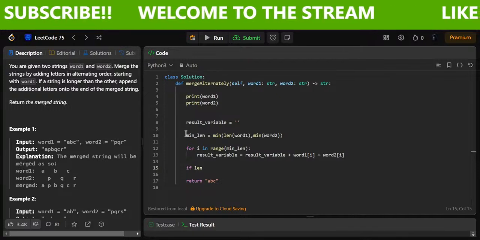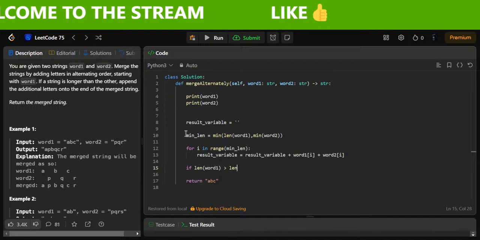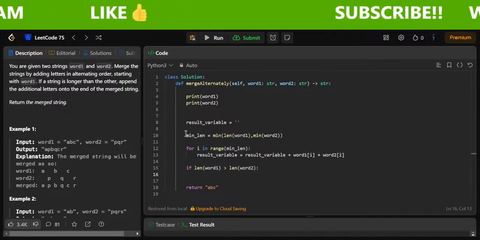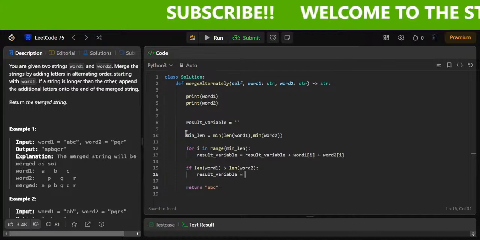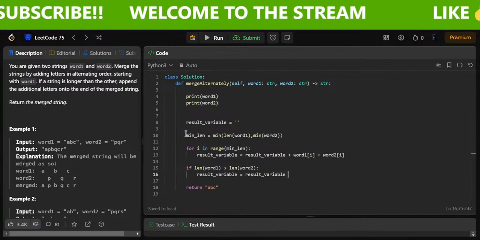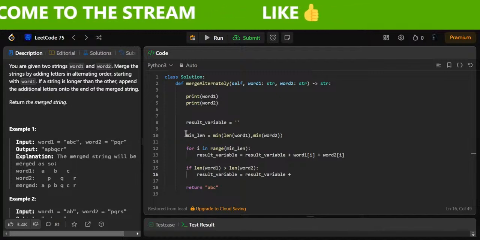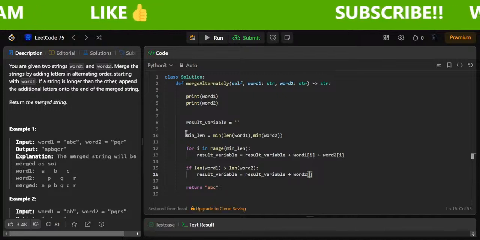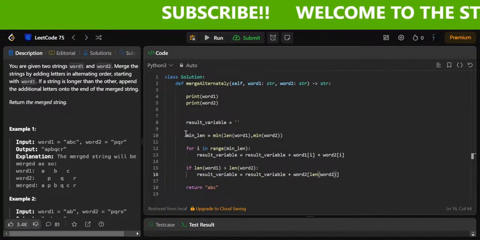So if len of word 1 is greater than len of word 2, if this is the possibility, then result_variable equals result_variable plus, after the particular point, word 2 of it should be len of word 2, I guess.